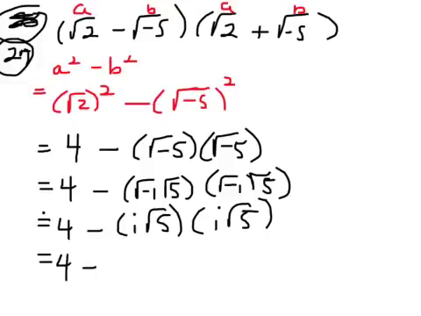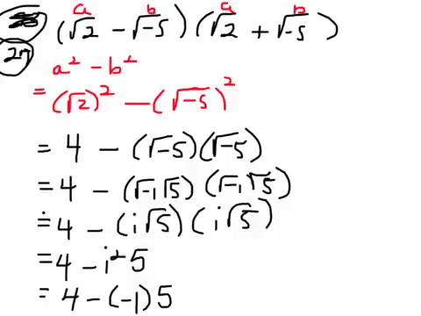Some of you may be able to speed through this a lot faster than what I'm doing. i times i is i squared, and square root of 5 times square root of 5 is just 5. Normally we would write that as 4 minus 5i squared, but the only reason I'm not worrying about it is i squared is negative 1, and then I have a 5. So that's 4 minus negative 5, which is just 9 when you get done.